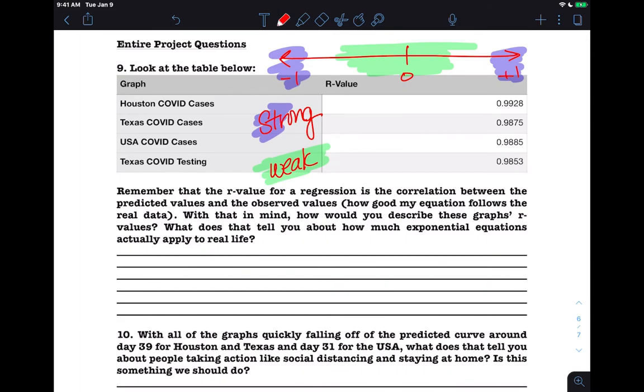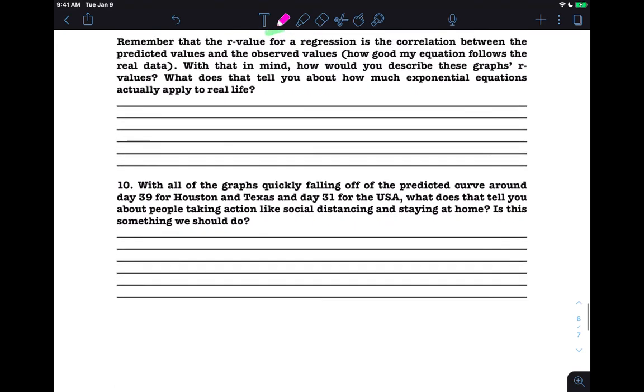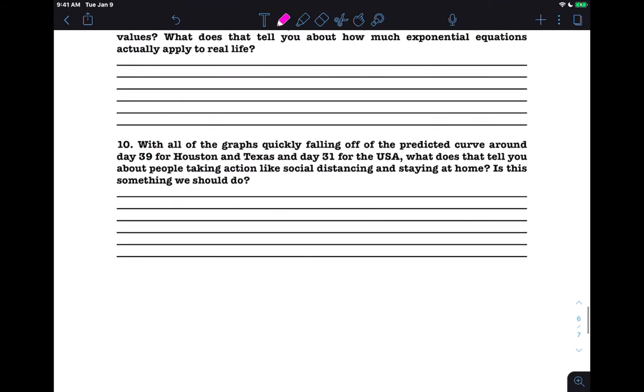Also remembering, if I have something, for example here, I would say strong positive. Here, weak negative. Here, strong negative. Here, weak positive. Finally, I want you to answer this question.